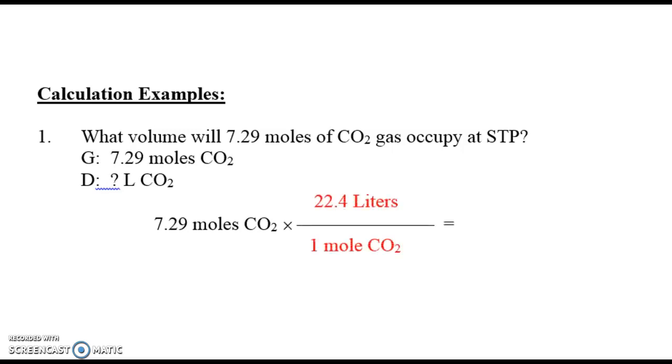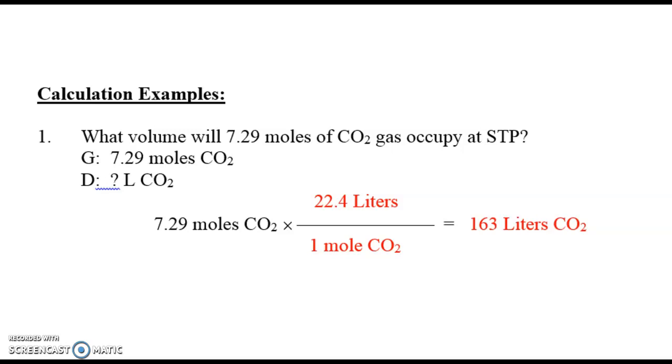Since it's asking for volume, you can say, I know what the volume is for any gas. And what's nice is I'm already in moles here. 7.29 was given, so I put moles on bottom to cancel that out. 22.4 liters is my conversion rate, just like I used Avogadro's number. And our answer then would equal 163 liters of carbon dioxide, which is a pretty big volume.